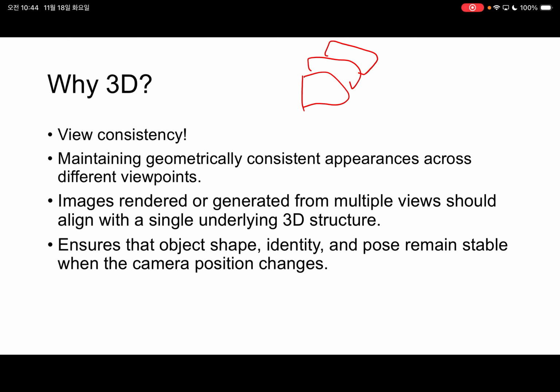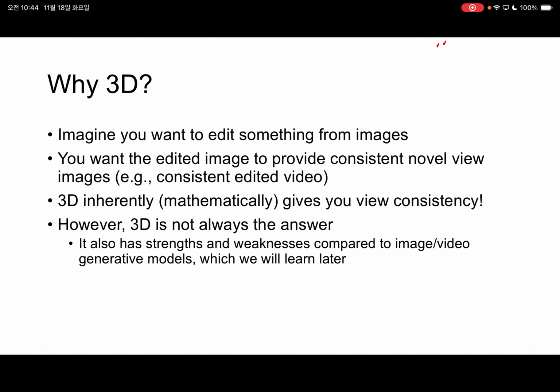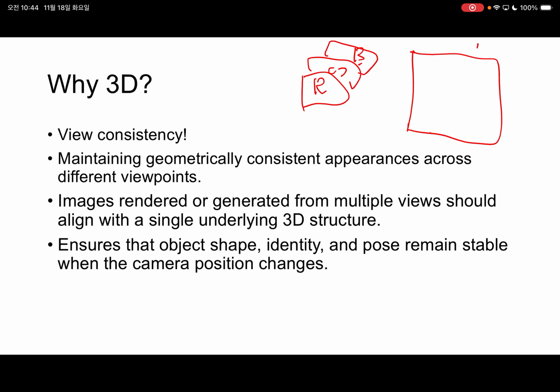So let's say this is an image, and this is a human. And maybe I insert another human here. Then I finish editing, inserting a new human in the image, right? And that's all. So why do we need to take care of 3D control, 3D editing?